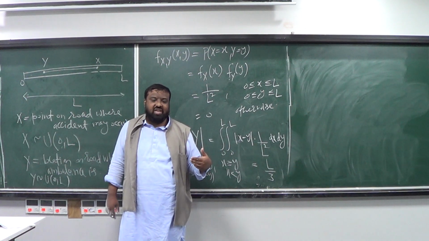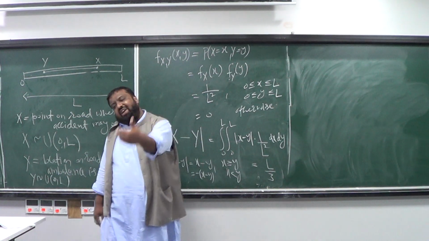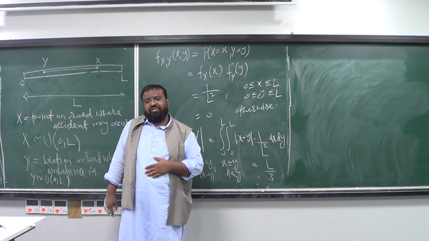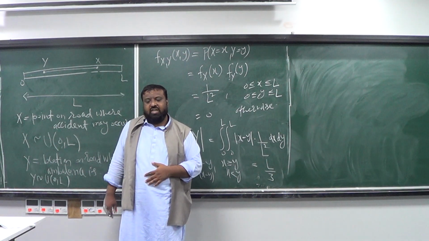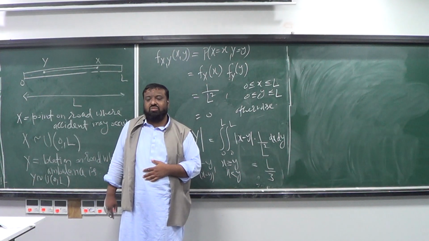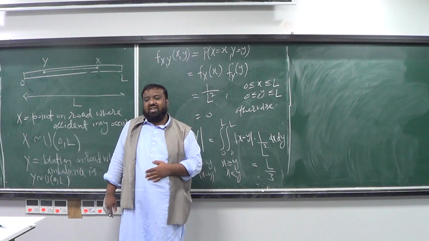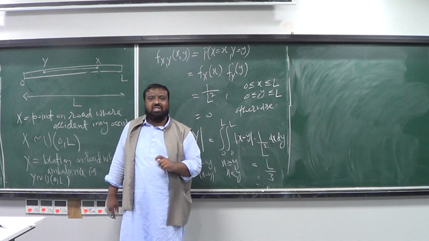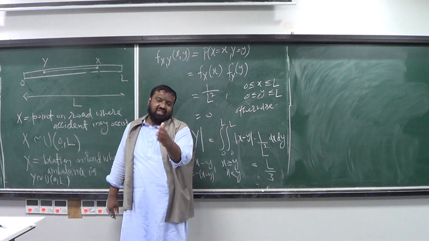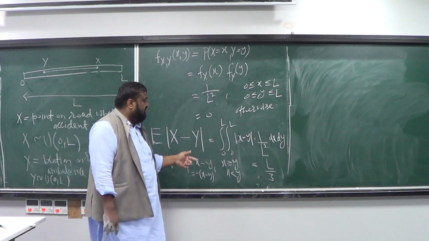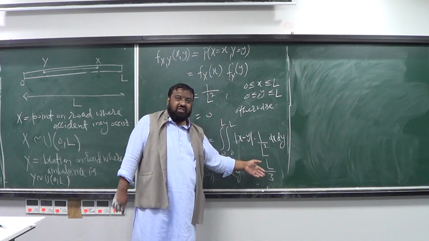So if an accident has occurred at a location on this Hyderabad Karachi motorway, God forbid, then the expected distance between the motorway police car, the rescue car, and the location is on average going to be the length divided by 3.